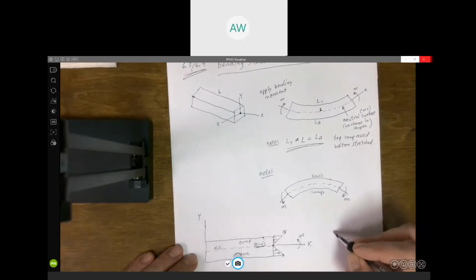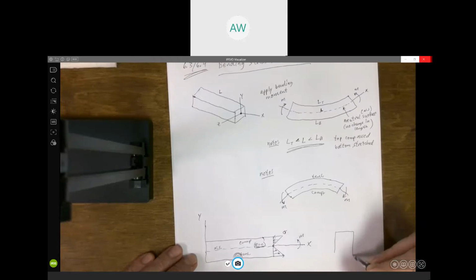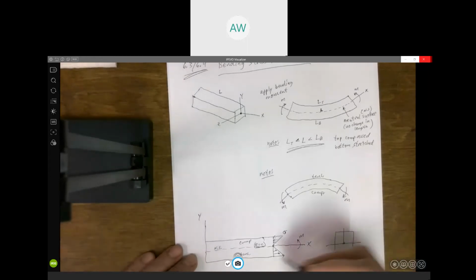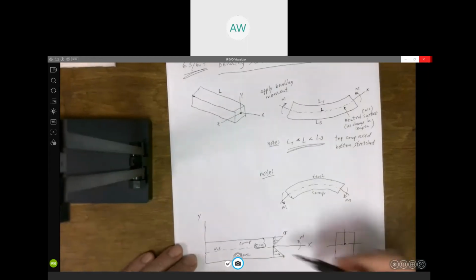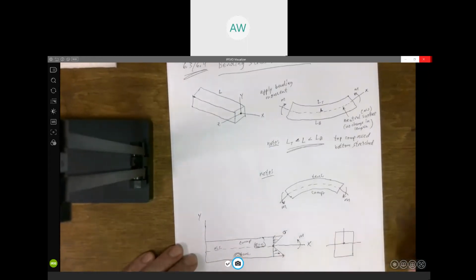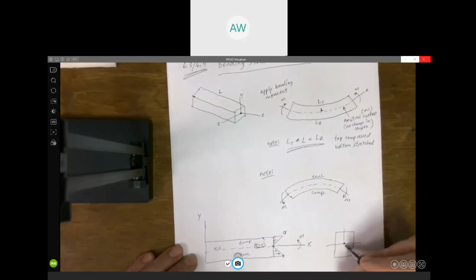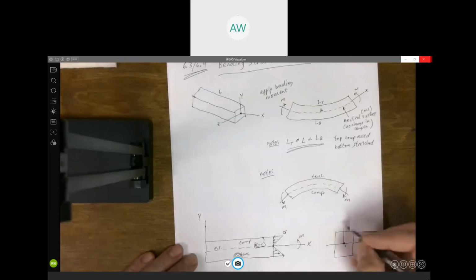Last term to be familiar with: if you look at the cross section, so assume it's rectangular again because it makes it easy to draw. If we're looking at the cross section rather than the beam from the side, again, that x-axis is coming straight out at you. This is y and this is z.